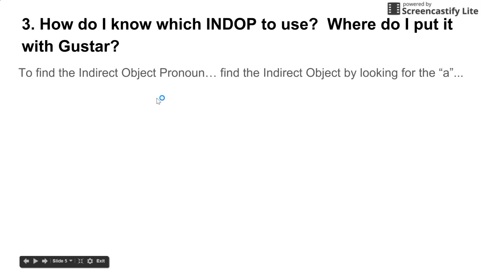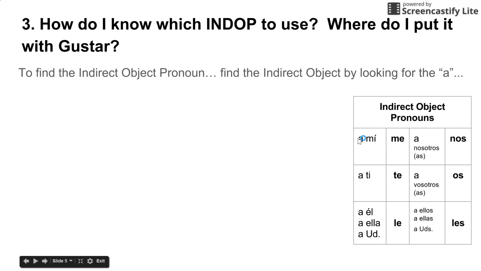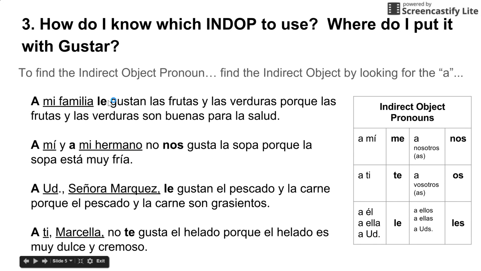One person. How do you know which indirect object to use and where do you put it? To find the indirect object pronoun, you look for the a. Like all of them have a in front of them. For our purposes, we will be using a in front of them so it can give you a little bit of a hint. Notice we have a mi familia le, a mí y a mi hermano nos, a usted, señora Marquez, le, a ti, Marcela, te.